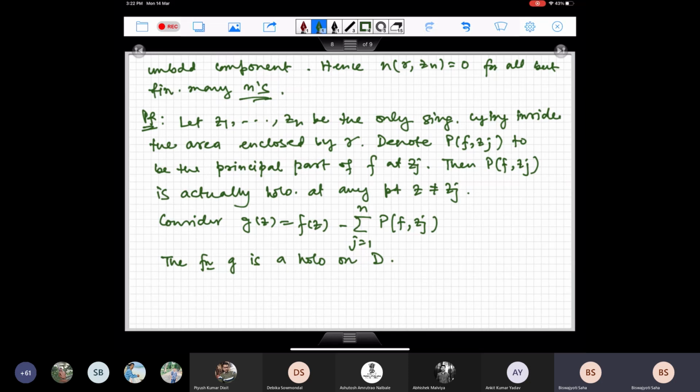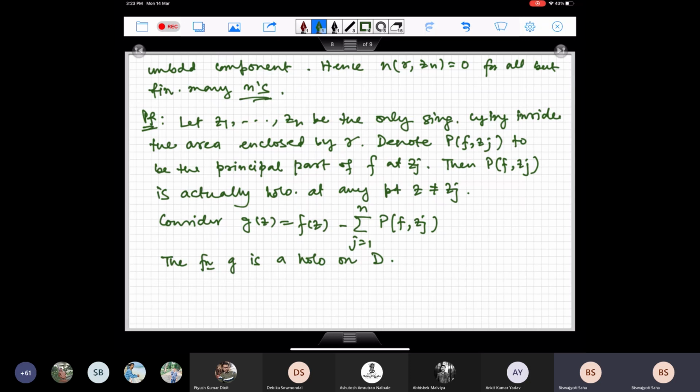Suppose the point z is none of z1, z2, up to zn. Then all these principal parts are holomorphic at that point z, and f is holomorphic at that point z. So the sum is holomorphic. Now you take a z which is among z1 up to zn. Then f minus the principal part of f at z1, let's say, is holomorphic at z1. Remaining all of them are holomorphic at z1. So g is holomorphic at z1.